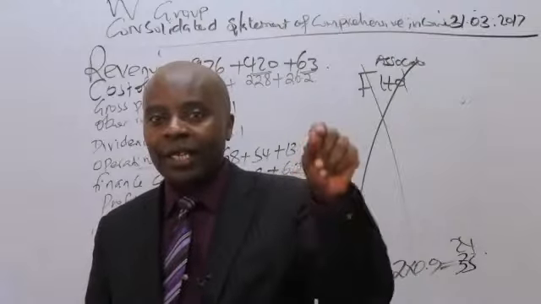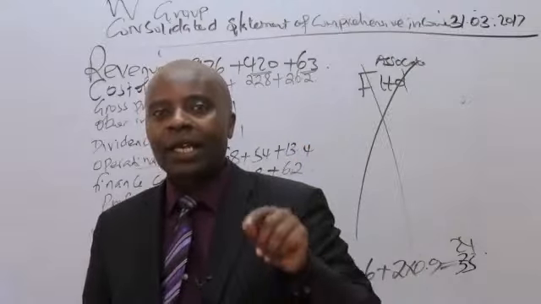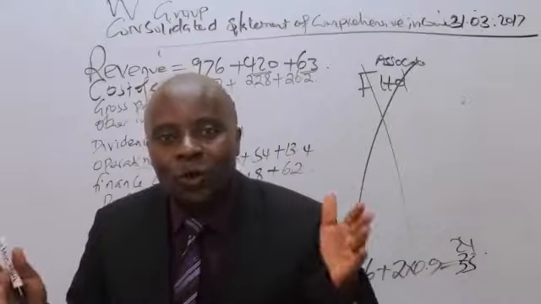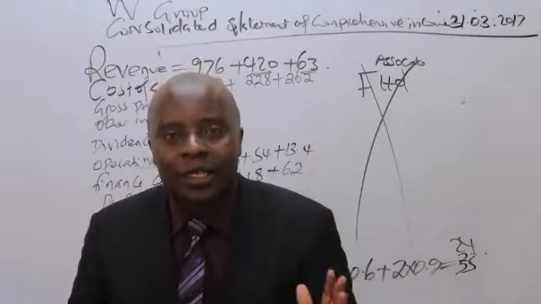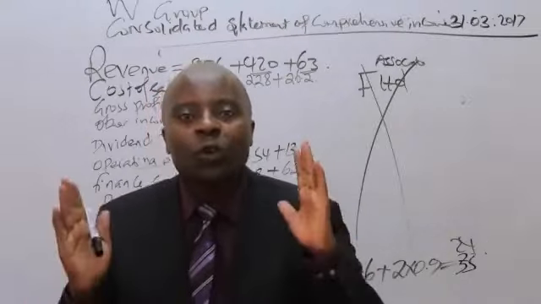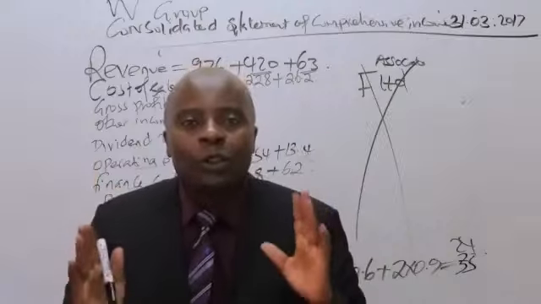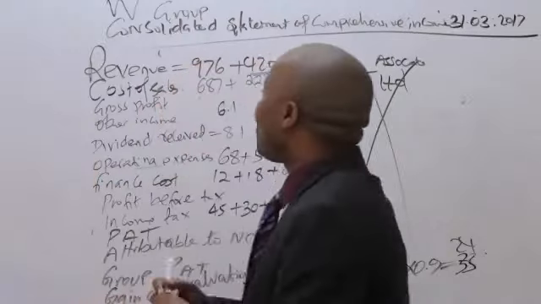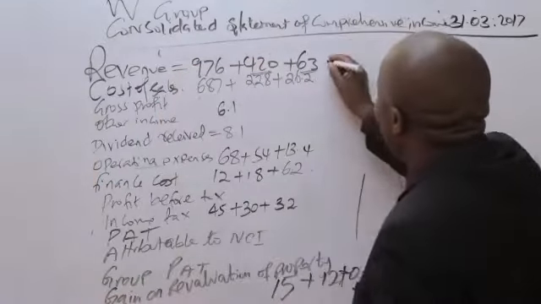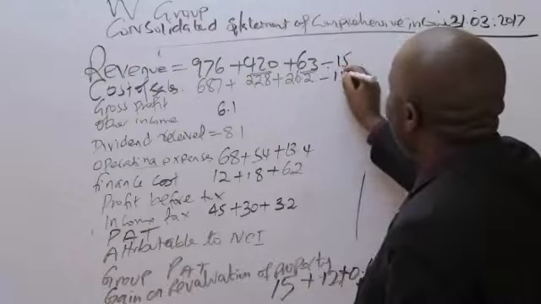That is a fake sale, and I need to deduct it. Intra-sales should always be deducted from the group sales and the group cost of sales. So come to the group sales and subtract 15, and in the cost of sales subtract 15.